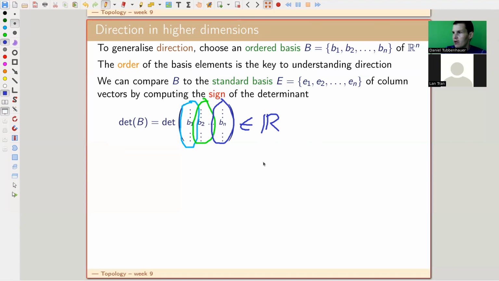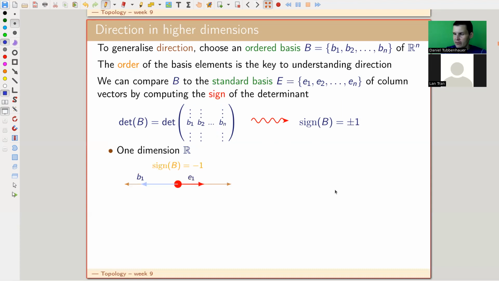So we compare the standard basis with our ordered basis, and we do that by putting the ordered basis just in the matrix, column by column, and computing its determinant. I will have the examples of one-dimensional and two-dimensional in a second. And we care about the sign of the determinant, not the specific value, only the sign itself.